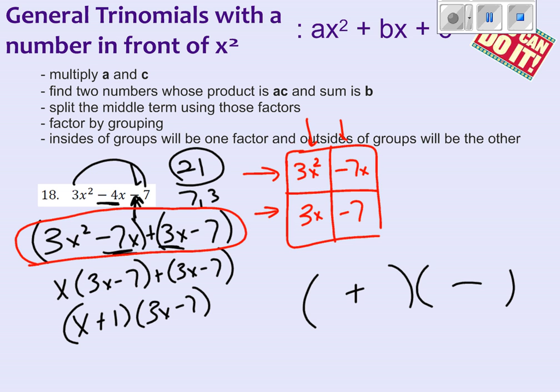So greatest common factor here will just be x. Greatest common factor here will be 1. Going down, 3x squared and 3x is going to be 3x. Minus 7x minus 7 will be minus 7. So that'll give me those same 2 factors. Again, either way, both of them take a little practice, but you can do it.